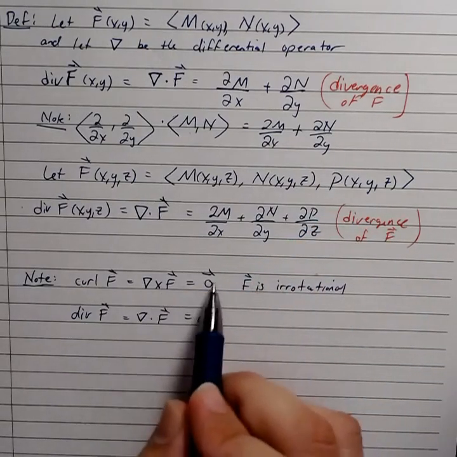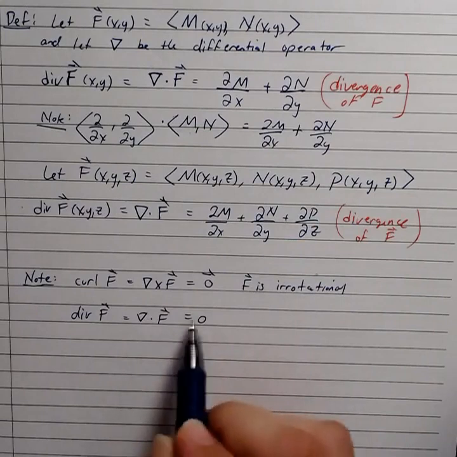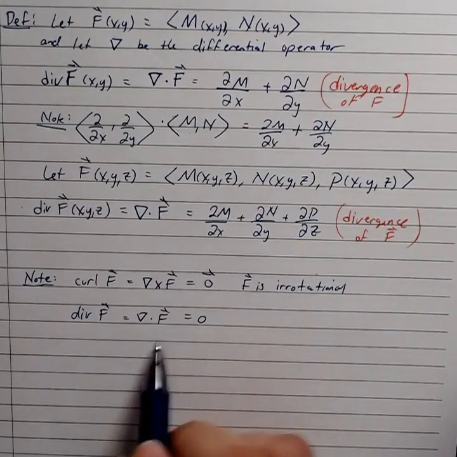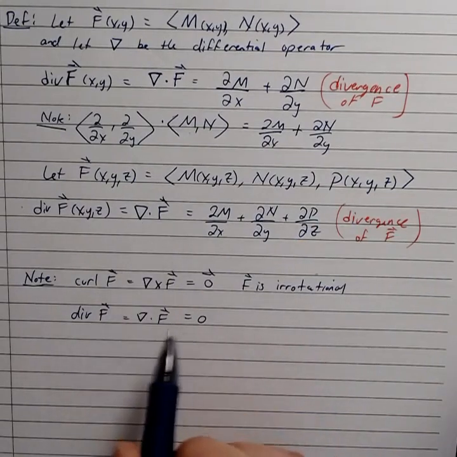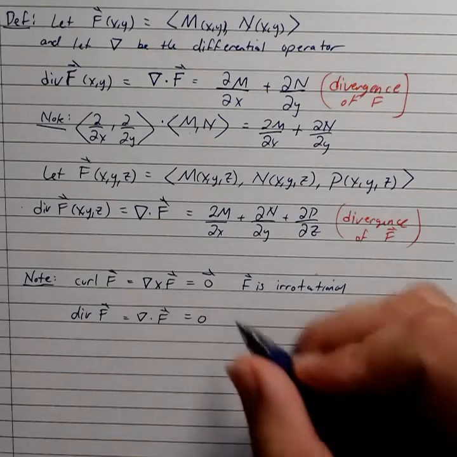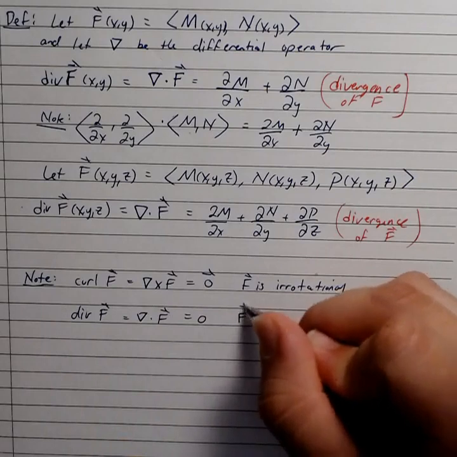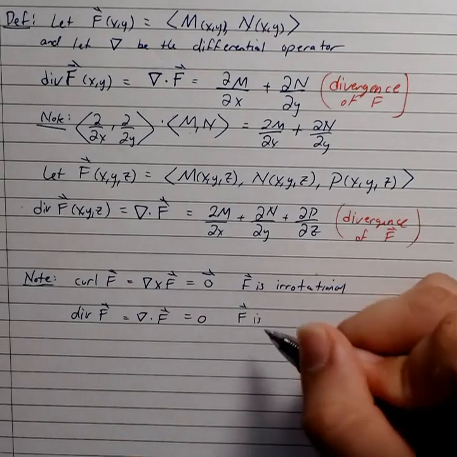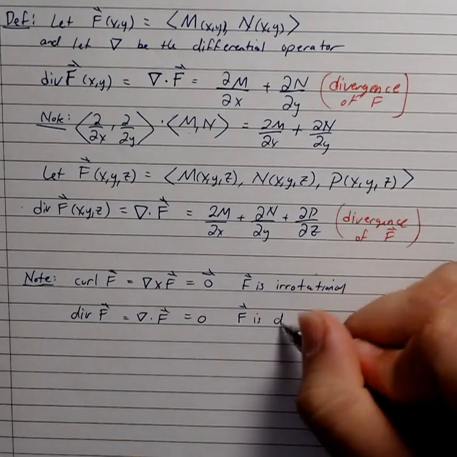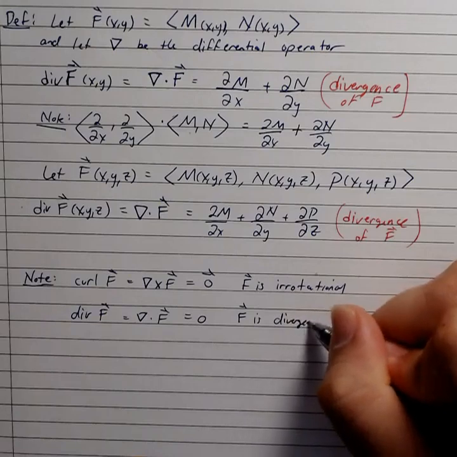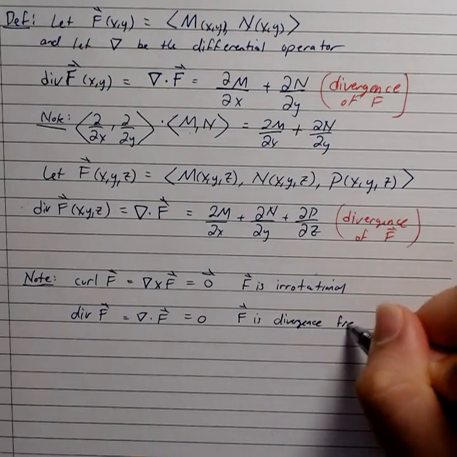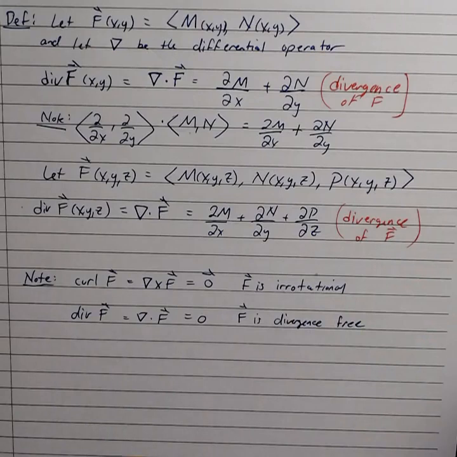The cross product is a vector. The dot product is a scalar, which again, that notation is a nice abusive notation to help us denote the difference. If the divergence of f is the 0 scalar, then f is said to be divergence free. Also sometimes called incompressible.